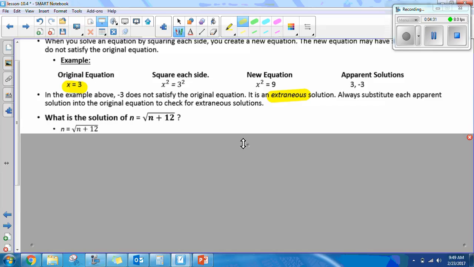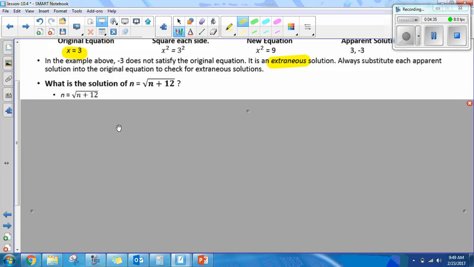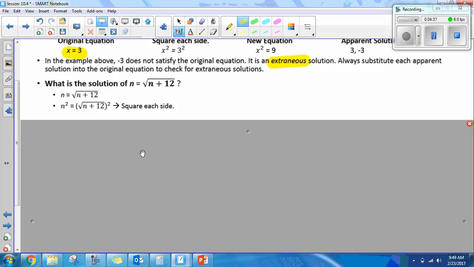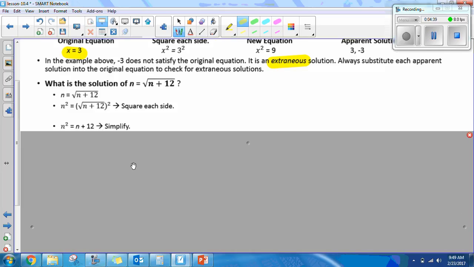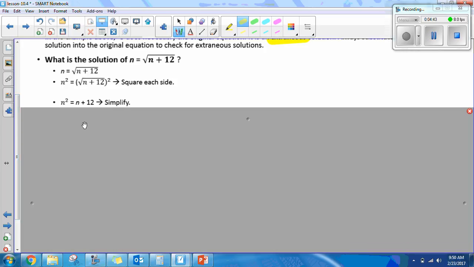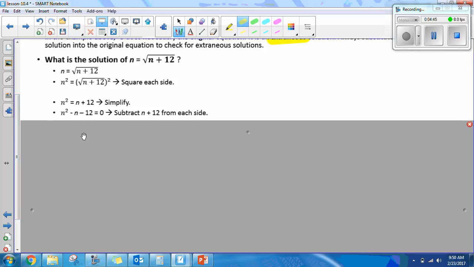What is the solution of n equals radical n plus 12? So first we need to square both sides. We get n squared equals n plus 12 when we simplify. Now we're going to subtract n plus 12 from both sides, and we get n squared minus n minus 12 equals 0.